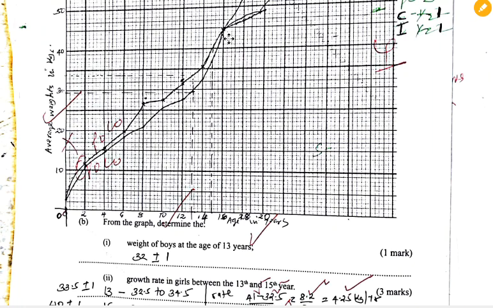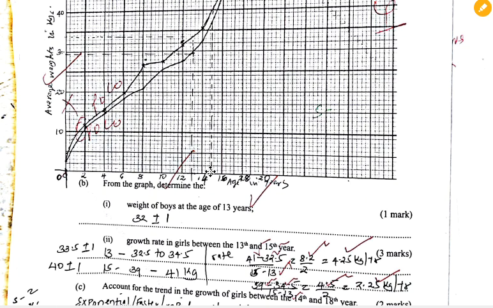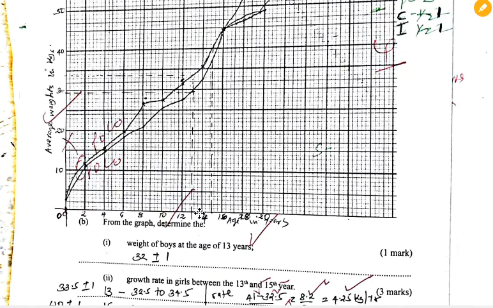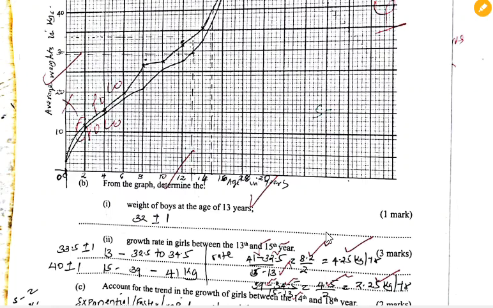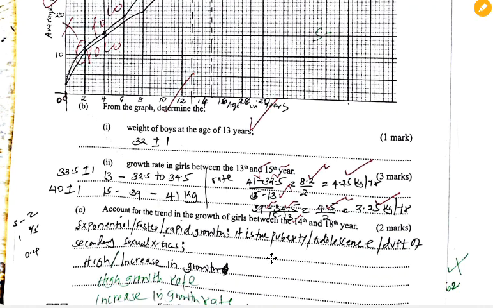It is this one, around here, that is 41. Then the 13th year is here, 32.5. You subtract, 15 minus 13, get 8.2 divided by 2. That is 4.25 kilogram per year.